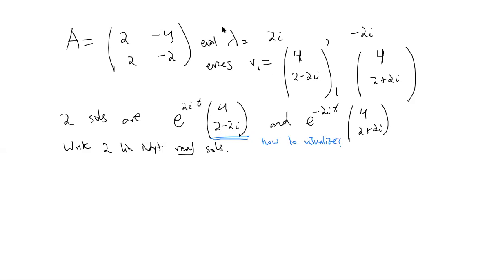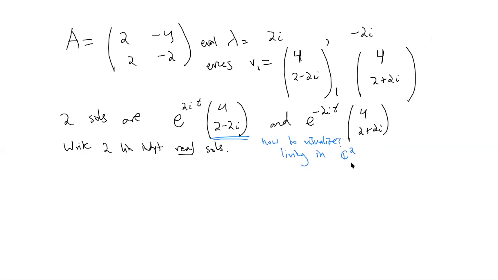The reason it's hard to visualize is that this is living inside the vector space C2, which is hard to visualize because C, the complex numbers, is already a two-dimensional real vector space.